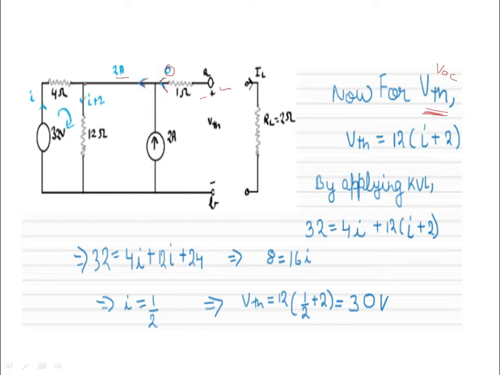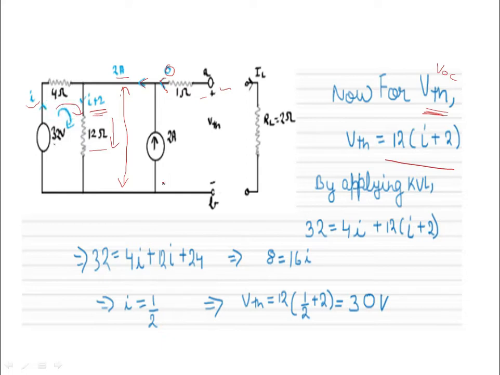And then let us assume that I is the current flowing in this direction. Then the total current flowing through this 12 ohm is I plus 2. Then the open circuit voltage between A and B is equal to 12 into I plus 2. So we'll apply KVL in this loop.